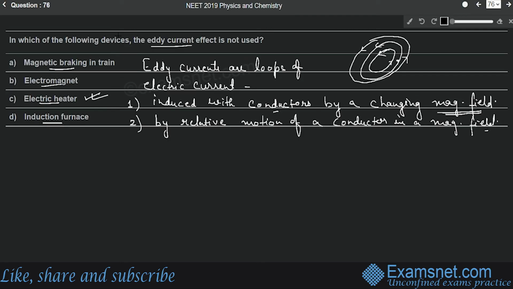But in the first case the magnetic field is changing, and in the second case the conductor is moving. So in both cases eddy currents will be produced. So in the first, second and fourth one, that is magnetic braking in train, electromagnet as well as induction furnace, eddy currents are used. But in the third one, that is electric heater, eddy currents are not used.